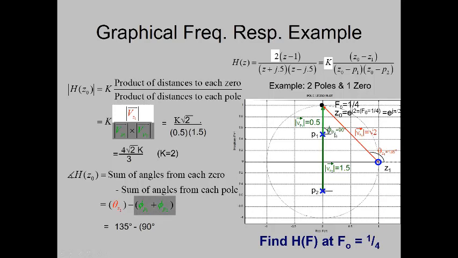Both of them are sitting at 90 degrees though. So we'll have 135 minus 180, which is 45 degrees. And so that's the response of the system at this frequency, this magnitude and this phase.